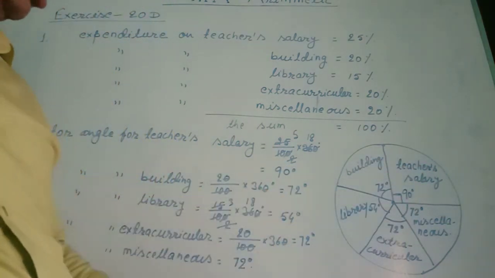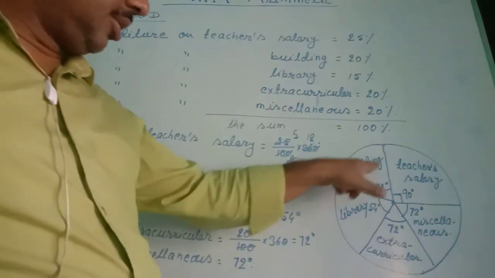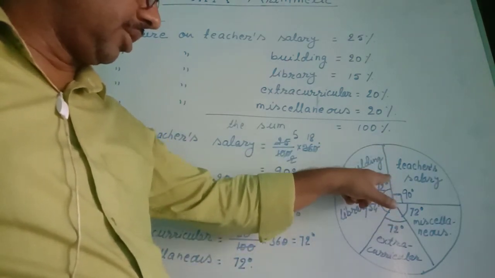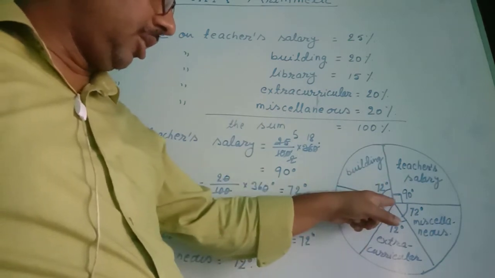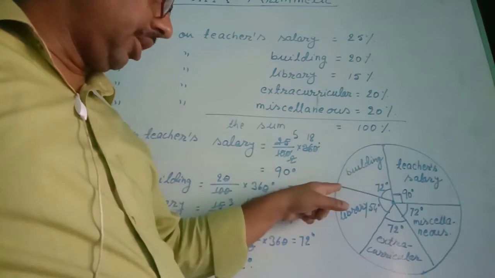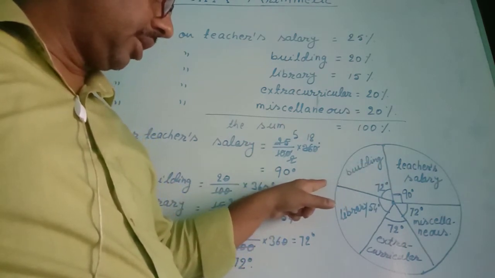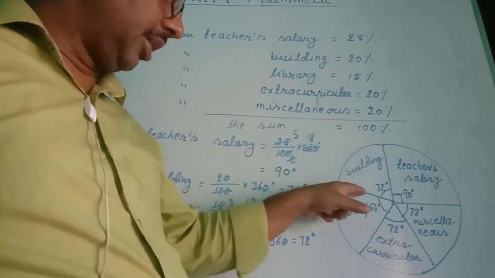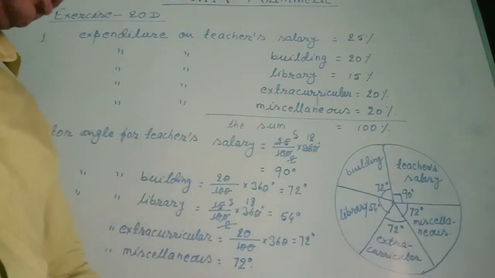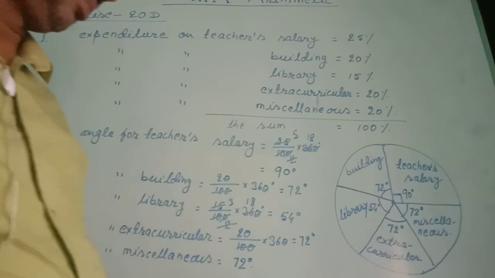Second is 72 degrees. Now I used this line as the base, and again the middle point of the protractor is here. I measured 72 degrees and kept a point, and I joined this line to the center of the circle using our scale and pencil.